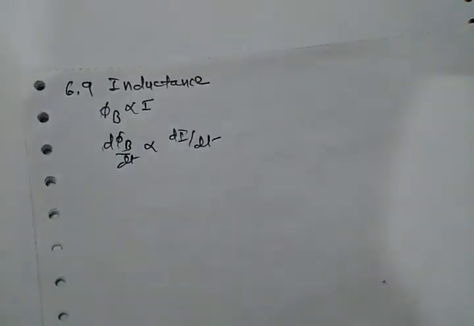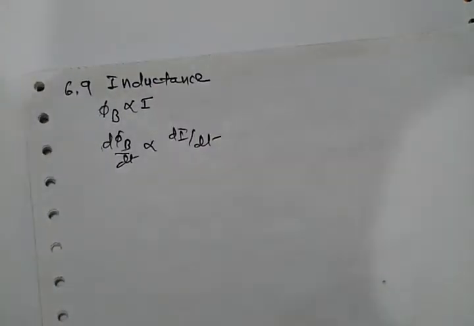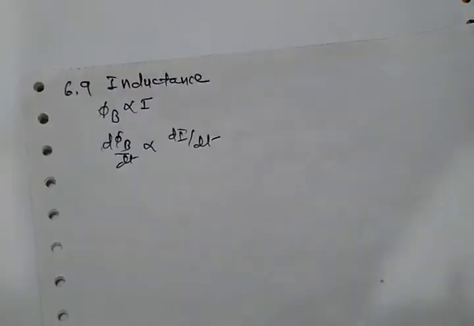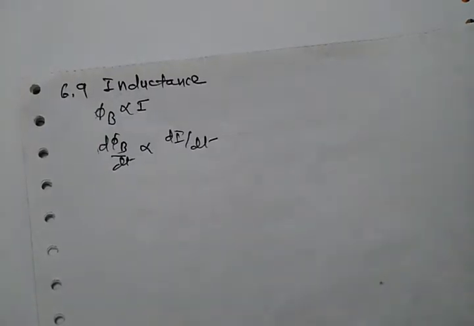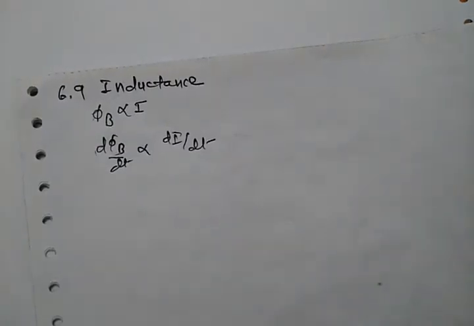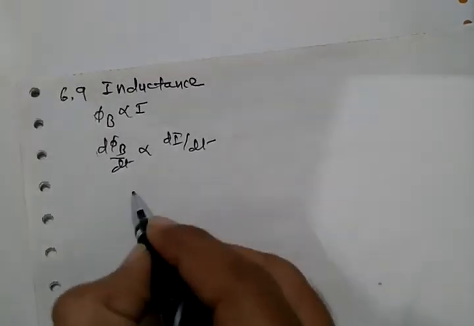For N number of turns, the same magnitude of flux is linked with all the turns. When the flux phi B through the coil changes, each turn contributes to the induced EMF. Therefore a term called flux linkage is used, which is equal to N phi.